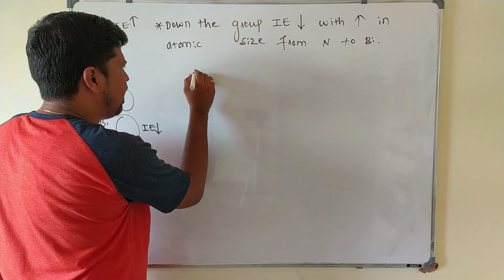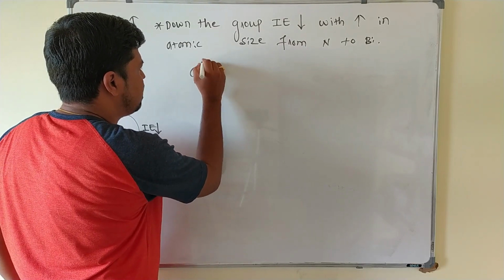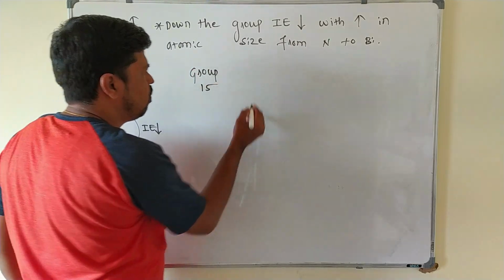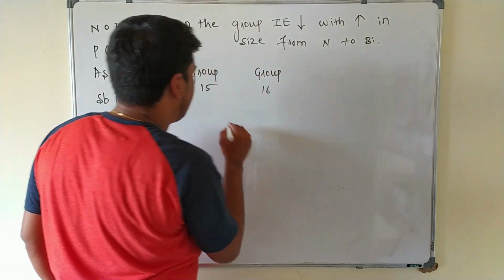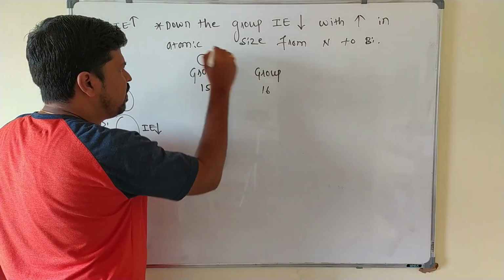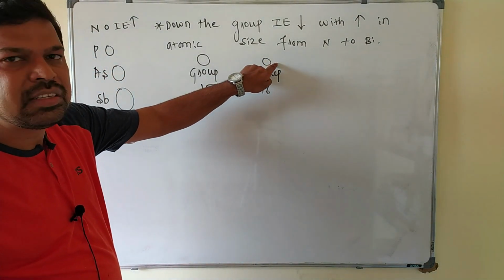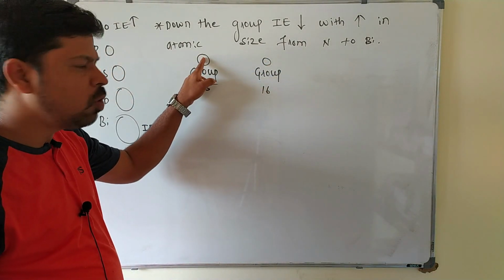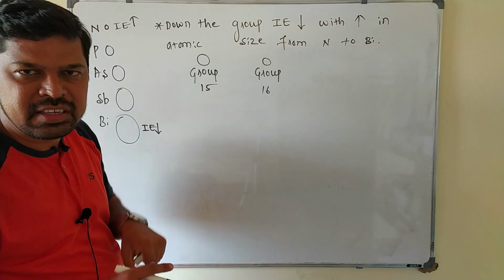We will compare the ionization energy of group 15 and group 16 elements. Now I will write, this is a group 15 element, and we will write group 16 element. Group 16 elements have a smaller size as compared to group 15. Due to their smaller size, they should have the highest ionization energy.